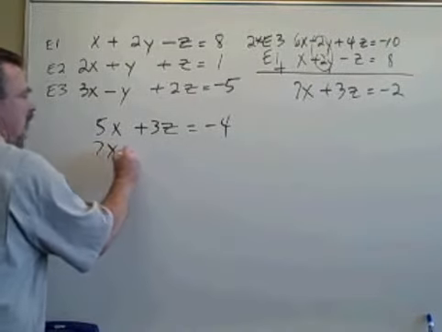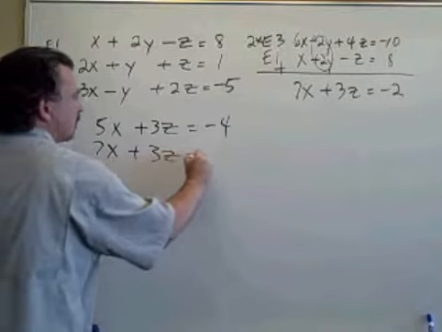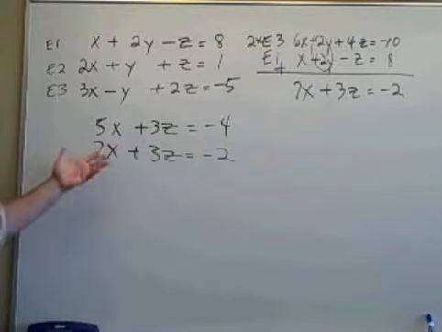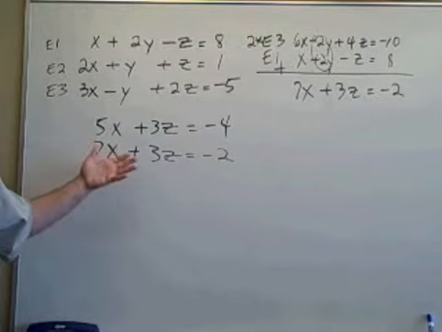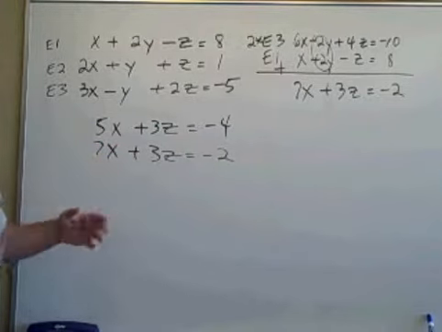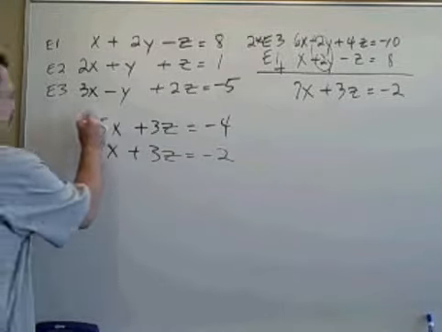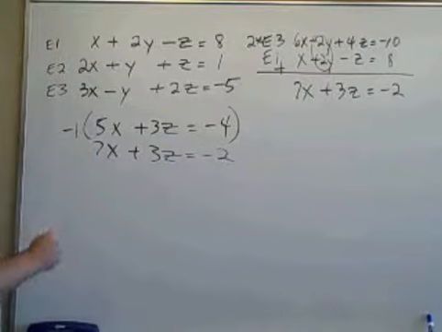And now I have this new system of two equations with just the two unknowns x and z. So let's eliminate one of those variables. Well, how about if I take this equation and multiply every term by negative 1?